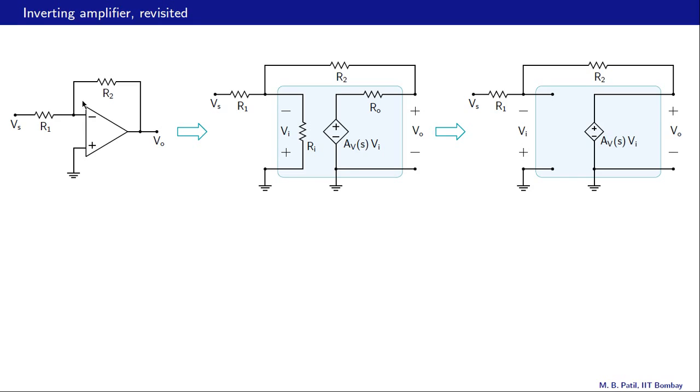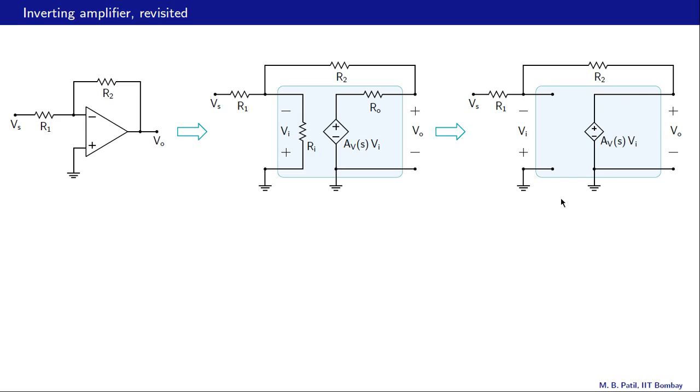First, what we will do is replace the op amp with its equivalent circuit model consisting of the input resistance Ri, the output resistance Ro, and this gain element. We will assume that the input resistance is very large, so that becomes an open circuit. The output resistance is very small, so that is a short circuit, and that gives us this equivalent circuit over here. Open circuit here and a short circuit here.